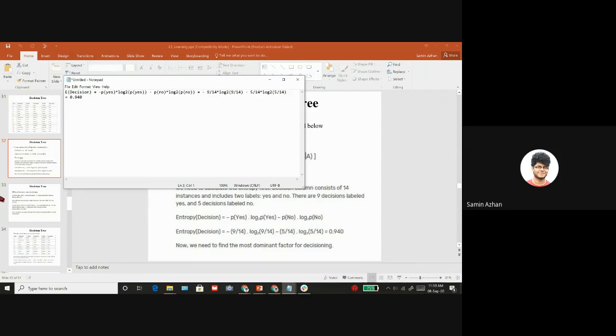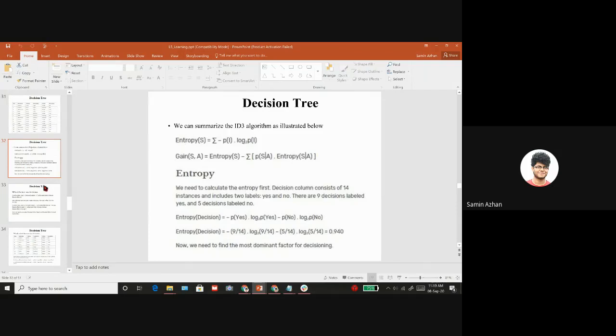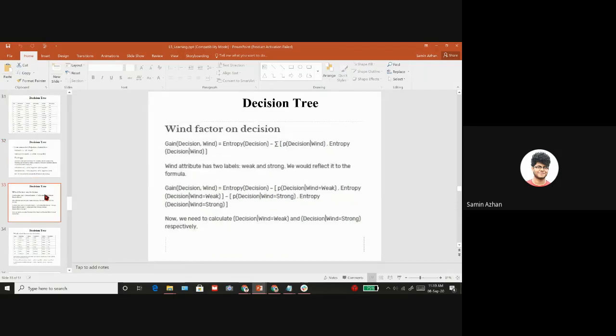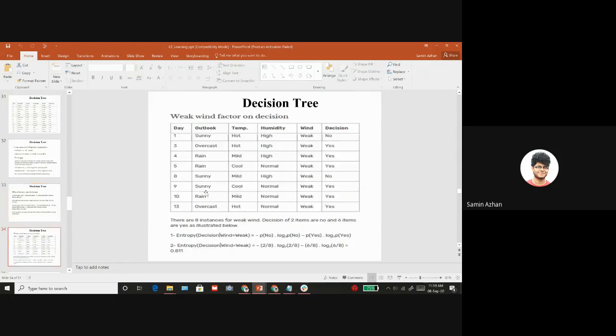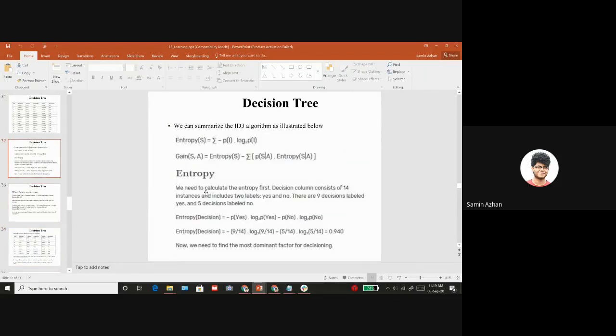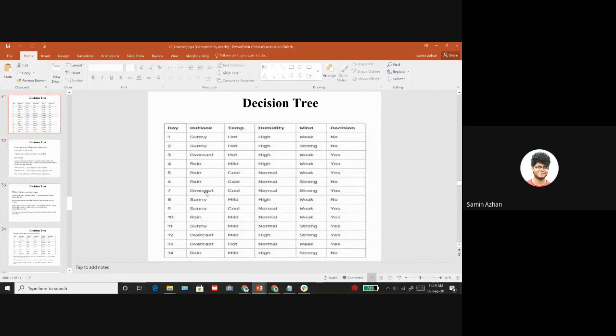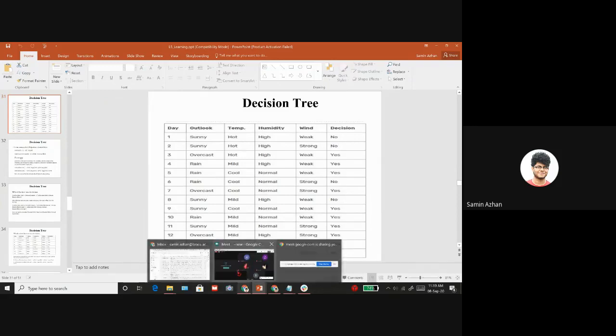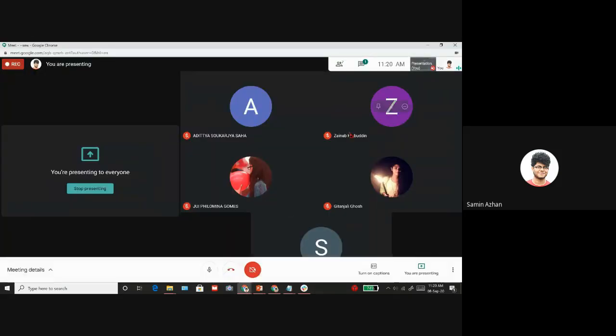Now, what are we trying to do? We are trying to calculate the gain of decision comma outlook, the way they calculated the gain of decision comma wind. So first we have to see how many possible values there are for outlook. Are you guys following along? If you have any questions, feel free to interrupt.